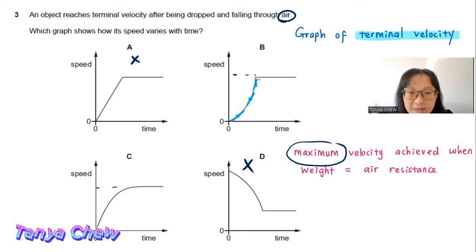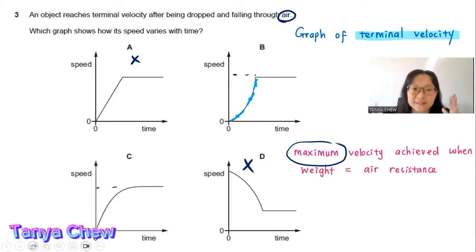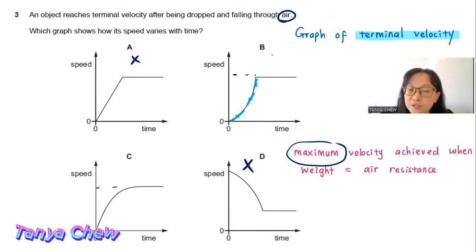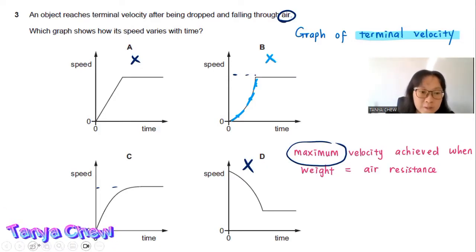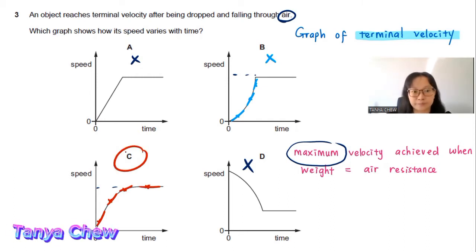Look at B, my tangents seem to be increasing. It means that the object is accelerating. This is wrong because in order to reach terminal velocity, the object must be decelerating until the acceleration is equal to 0. Therefore, C is the answer.